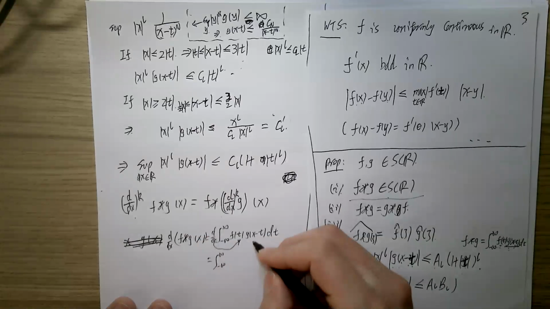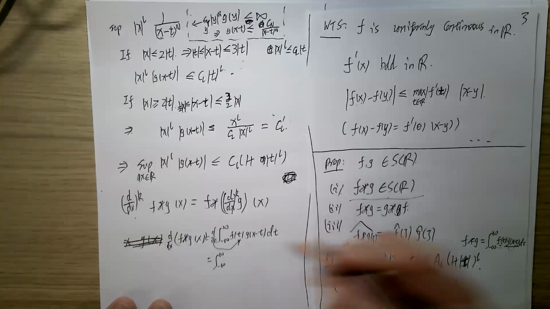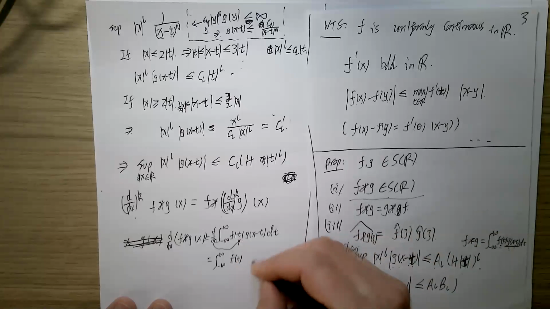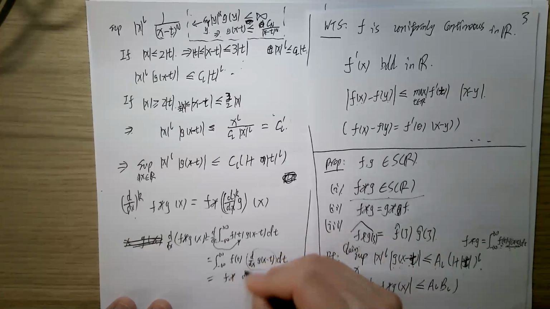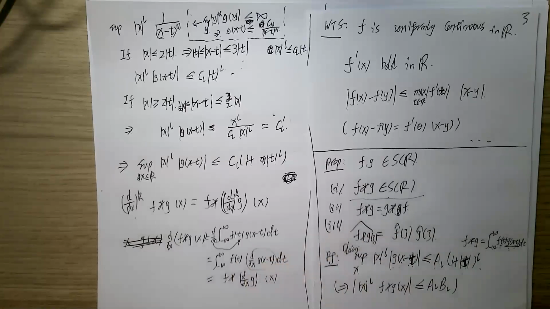You take the derivative of the whole thing, but ft doesn't depend on x, so ft times d over dx of gx minus t dt, right? So this is actually f convolved with the derivative of g. Okay. Yeah, got it. Thank you.